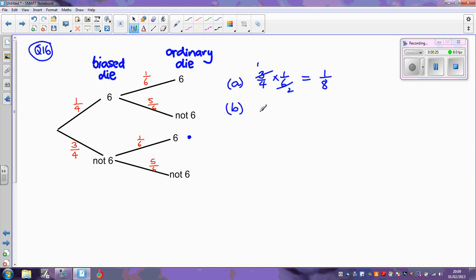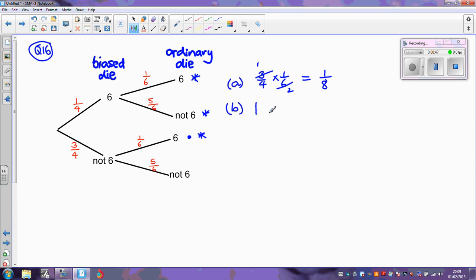Okay, part B says, what's the probability that at least one of the two dice shows a 6? Now, the easiest way to do that, effectively, one of the two dice showing a 6 means you could have 2 6s, or a 6 and not a 6, or a not 6 and a 6, which means that the only thing that they're not requiring there is this one.